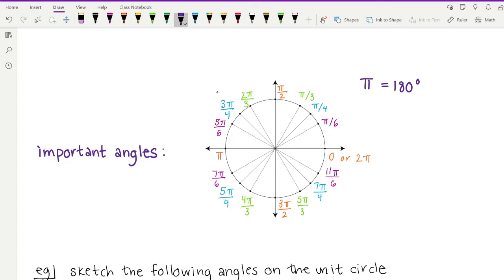So I don't want you to feel like you have to recreate this whole picture every time you're doing something involving these angles. You can just find whichever angle is being asked of you using the process that we just did. So we'll see some examples of that, maybe not in this video, but definitely in our next video.